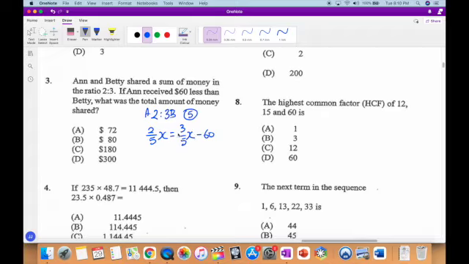So Betty received this minus 60 is 2/5 of the money, which is what Anne received. So we could say that 60 now is equal, we throw this 60 across and we throw this 2/5 across. So 3/5 minus 2/5 is 1/5 x. So therefore the amount of money that we're talking about here is 5 6s or 30, so $300. D.